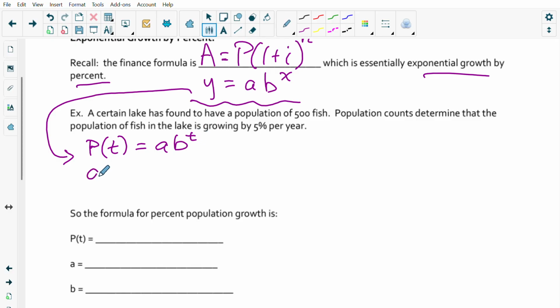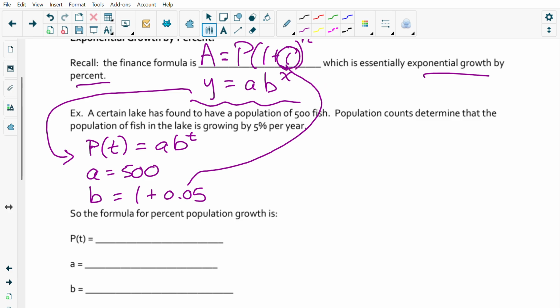In this case, my A value is 500 fish. My growth rate is equal to 1 plus 0.05, which is my i value over here. That's 1.05. And then the time, t, is equal to 1. Are we dividing by anything? What's the number of compounding periods? 5% per year, so it's compounding yearly, so it's 1 divided by 1, still 1, okay?